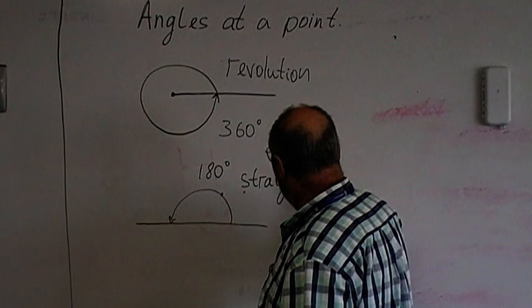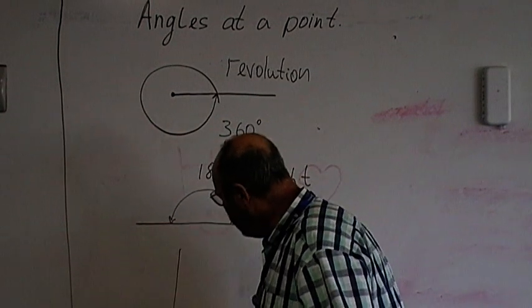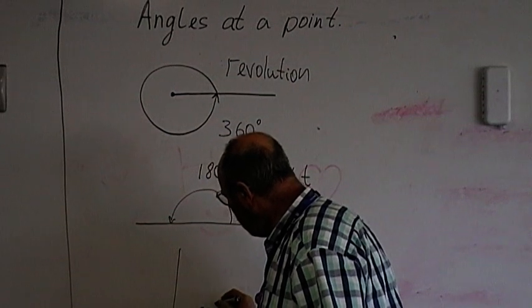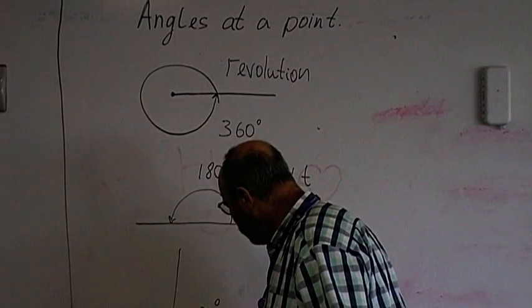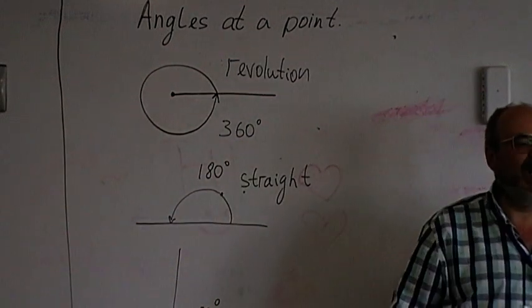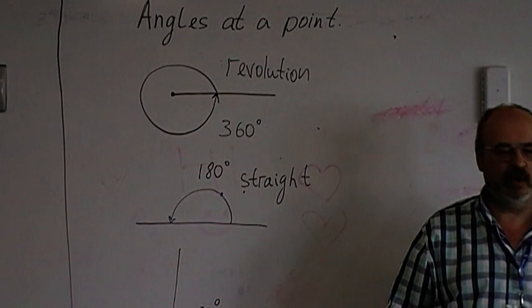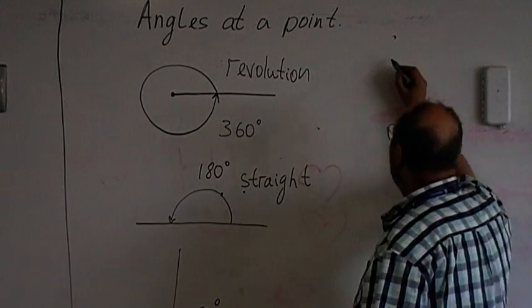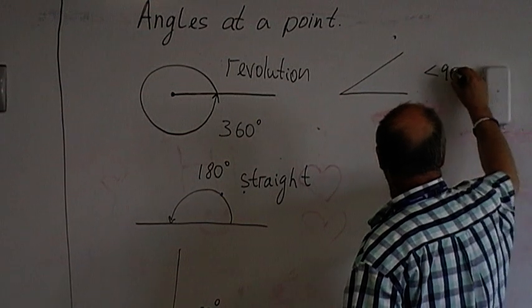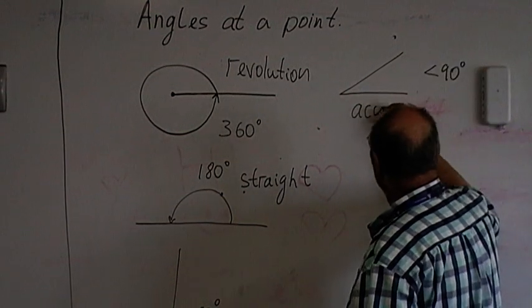This angle is called a right angle, 90 degrees. 90 is half of 180. Now, there will be some more terminology. If we have an angle less than 90 degrees, it's called acute.